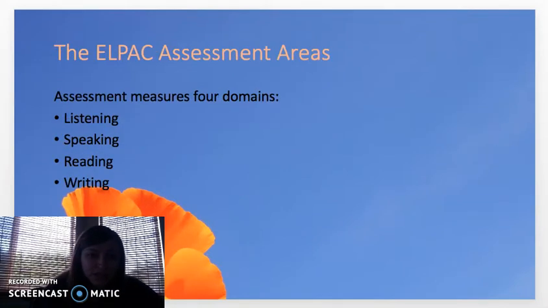So the ELPAC assessment areas: there are 4 areas, listening, speaking, reading, and writing, which I'm sure any education or educators or credential students have had drilled into your head: listening, speaking, reading, and writing. It's not enough to just speak, for me.